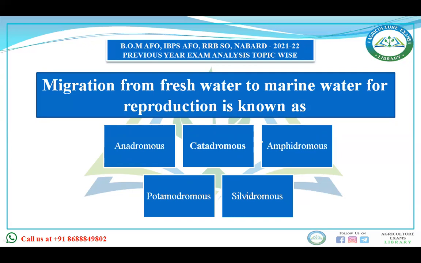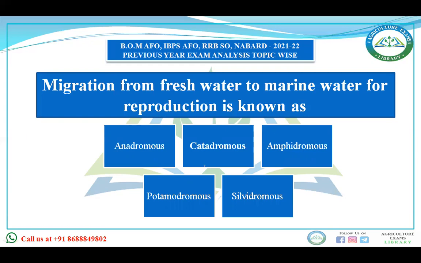Migration from fresh water to marine water for reproduction is known as, okay, the fish which stay in fresh water but migrate to marine water for the purpose of reproduction. What is that known as? Anadromous, catadromous, amphidromous, potamodromous, sylvidromous.